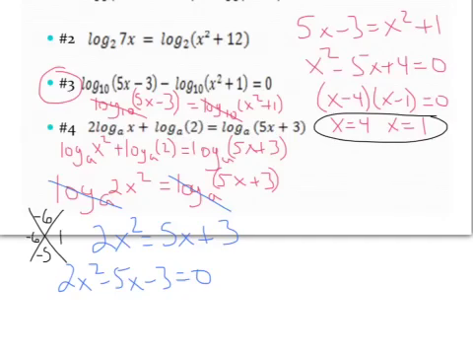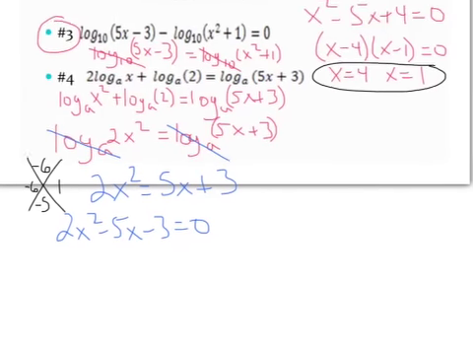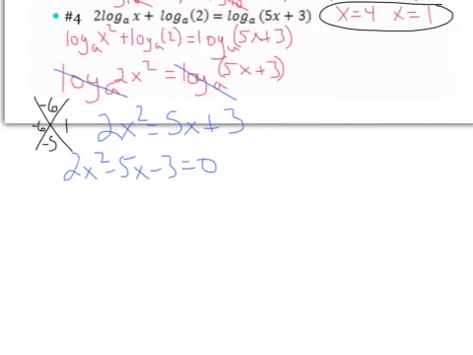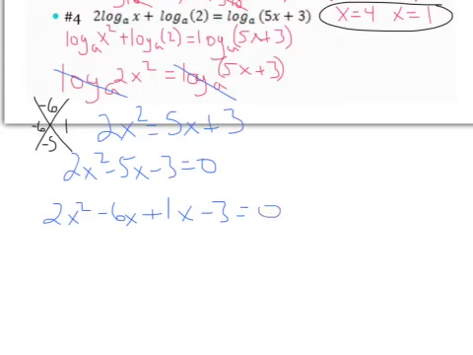So when I rewrite this, I'm going to keep moving this down. Oop, there we go. What I'm going to do is write 2x squared minus 6x plus 1x minus 3 equals 0. Group them.